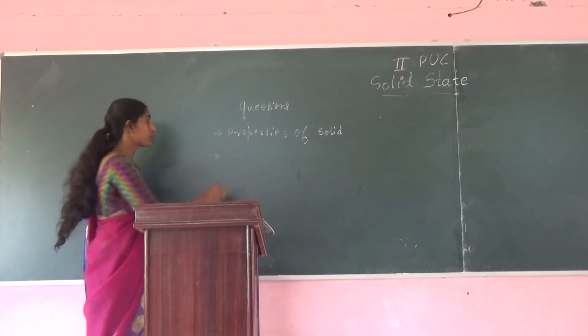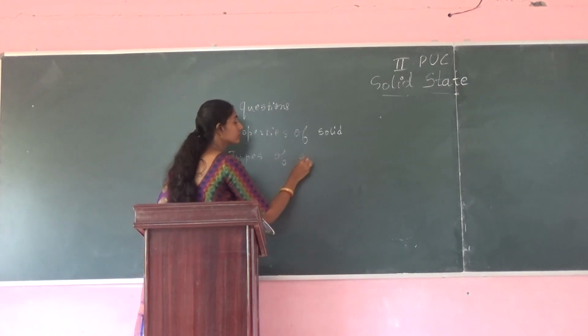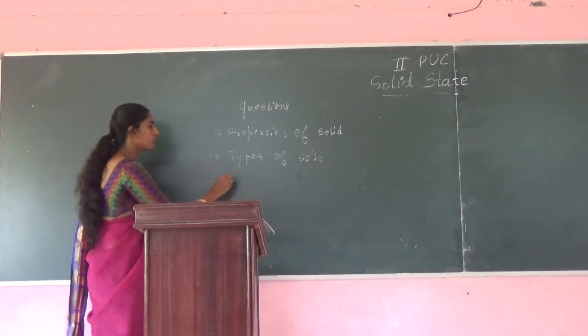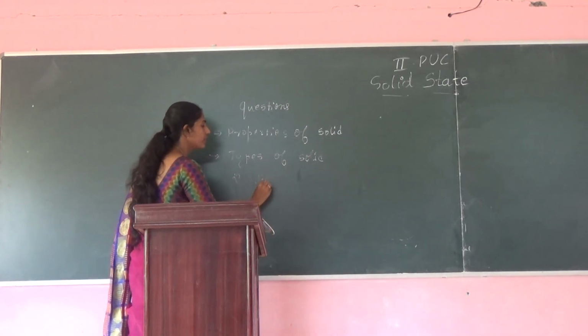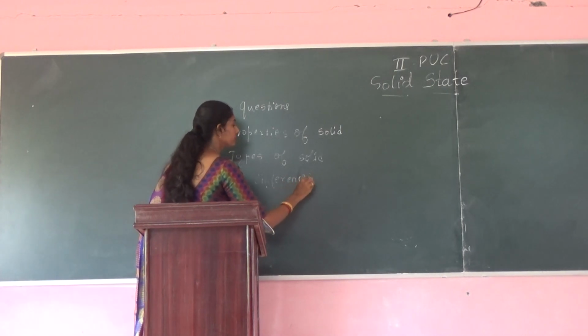Then what are the types of solids. Under types of solids, you must remember at least two differences, minimum two differences.